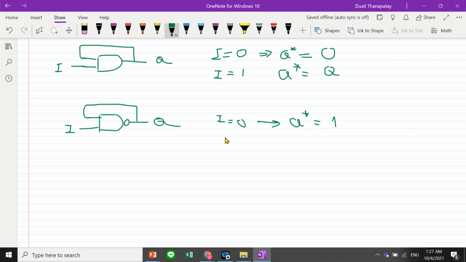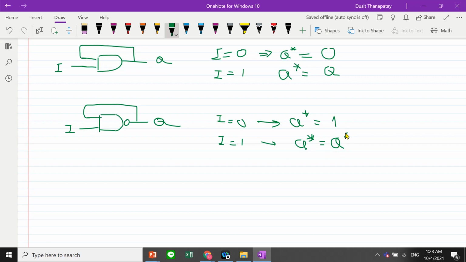And when I is 1, how about Q star? When I is 1 and Q is Q and then invert is Q prime, right? So output is Q prime, not Q, the invert of Q. So this is the result.